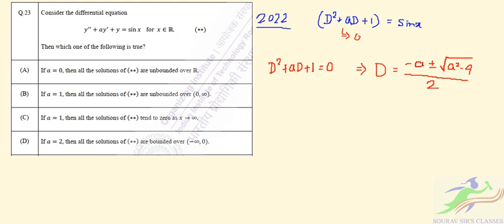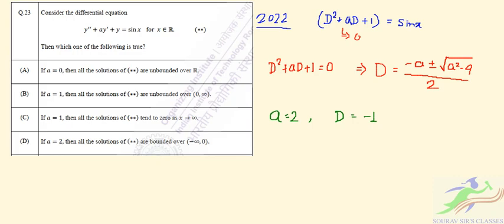Now if we put the value of a equal to 2, the option D, what will be the value of D? D will equal minus 2 by 2, that is minus 1.